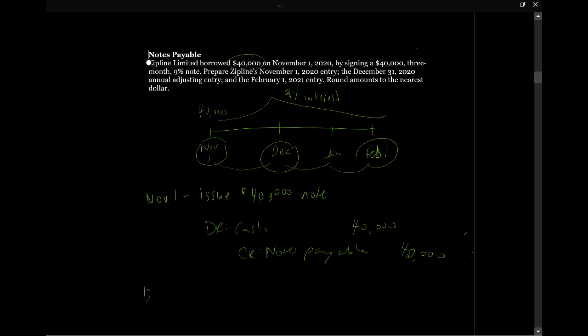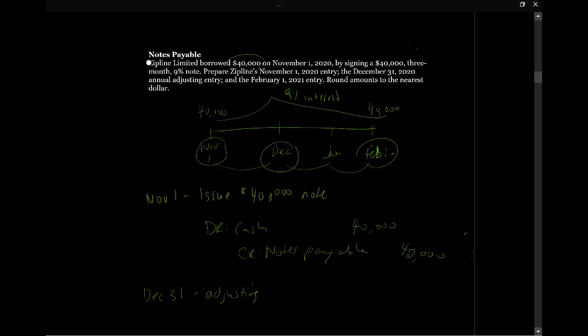What happens on December 31st? Well, we know that at February 1st, they're going to have to pay back the $40,000 note, and the interest is due on February 1st. So on December 31st, no interest is due, but we always need to make sure that we're accruing the interest on notes payable for the financial year.